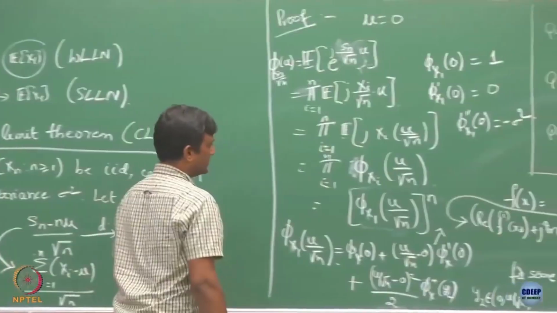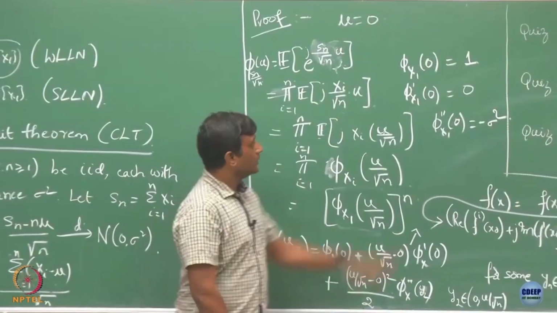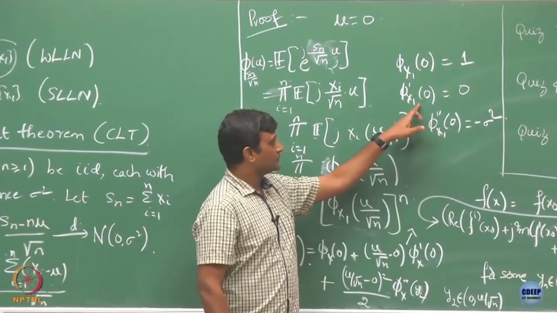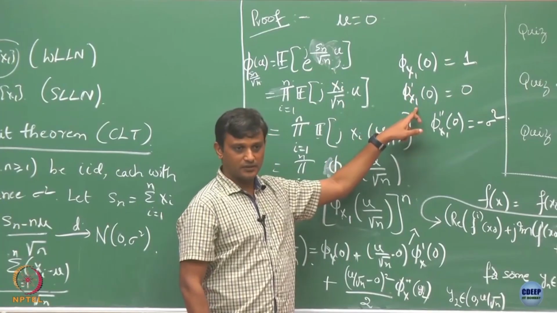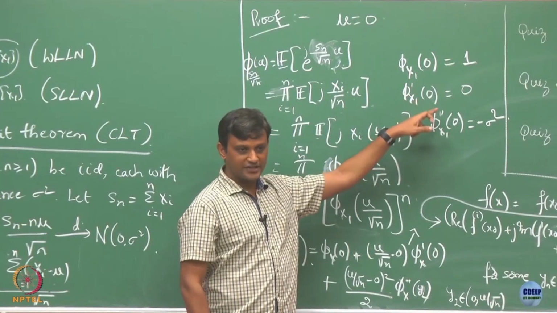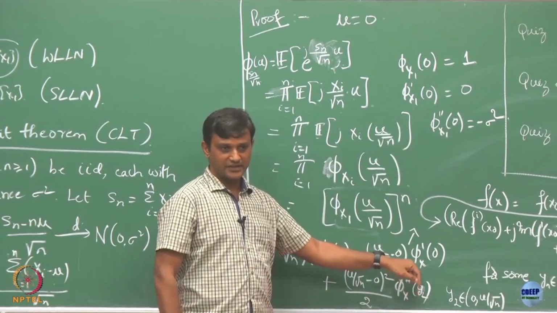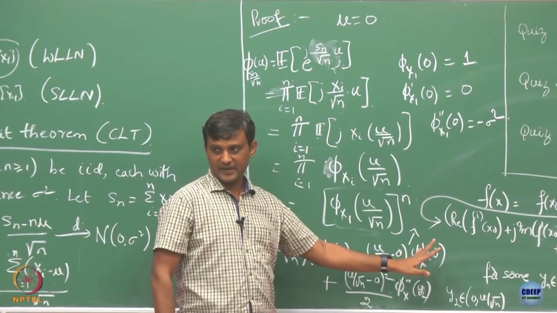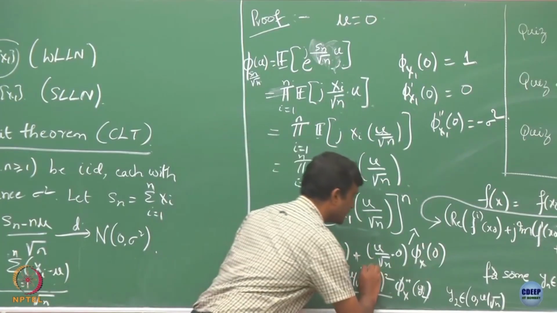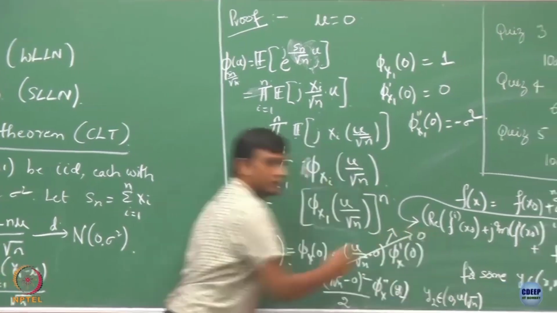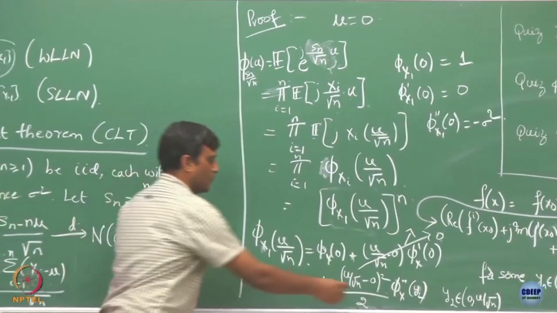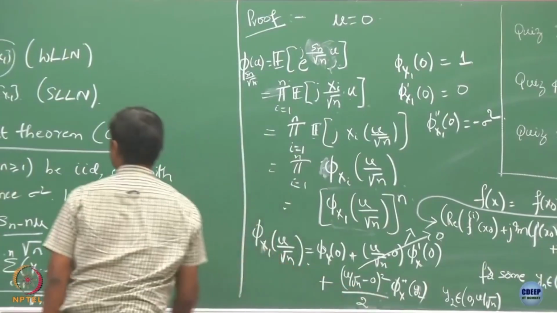Okay, now let us look at this. For phi of x1, its derivative at 0 is going to be 0, either it is real or both its real and imaginary parts are going to be 0. So because of that, this term is going to be 0. Now what remains is this part.